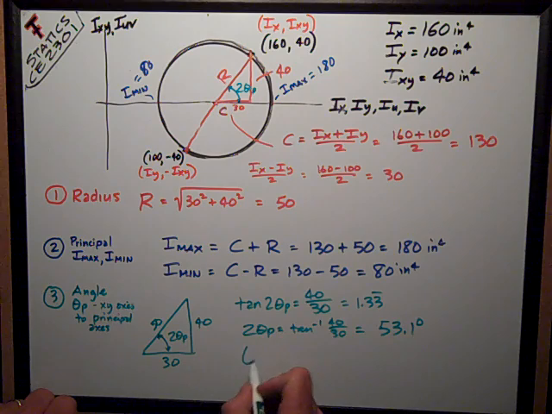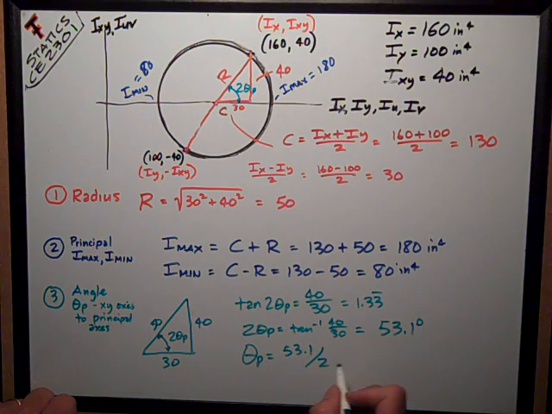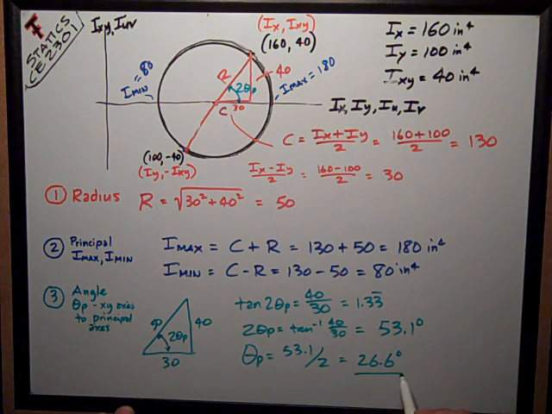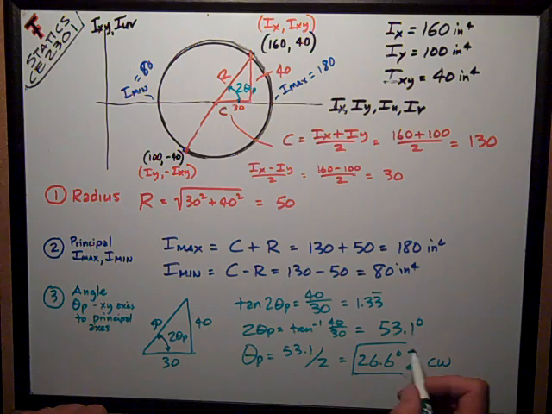So theta p is half of that, 53.1 divided by 2, or 26.6 degrees. That's the answer I'm looking for. I would also want you to tell me that it is in the clockwise direction, with an arrow that rotates it like that, or CW or something like that.